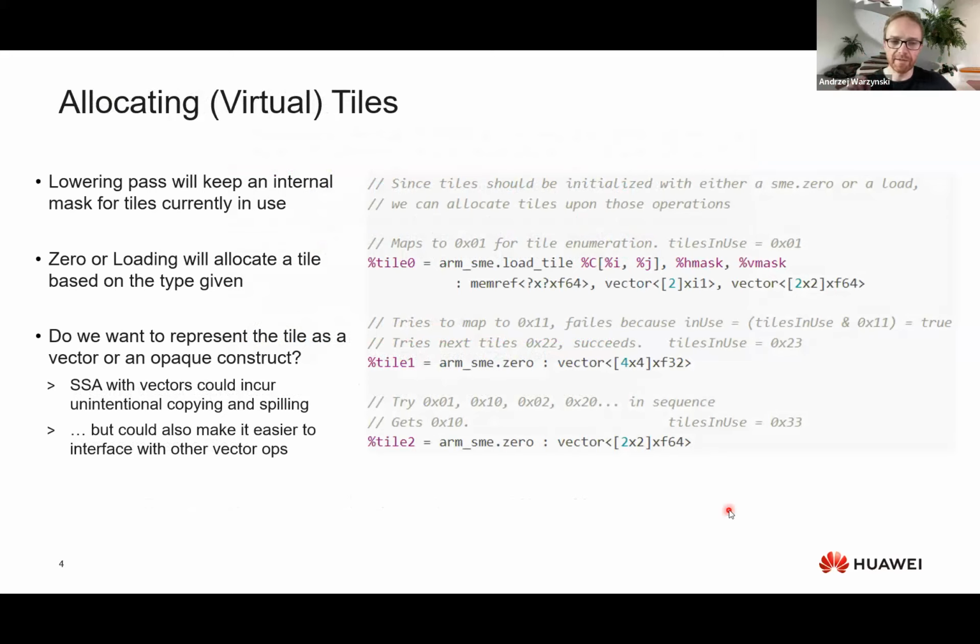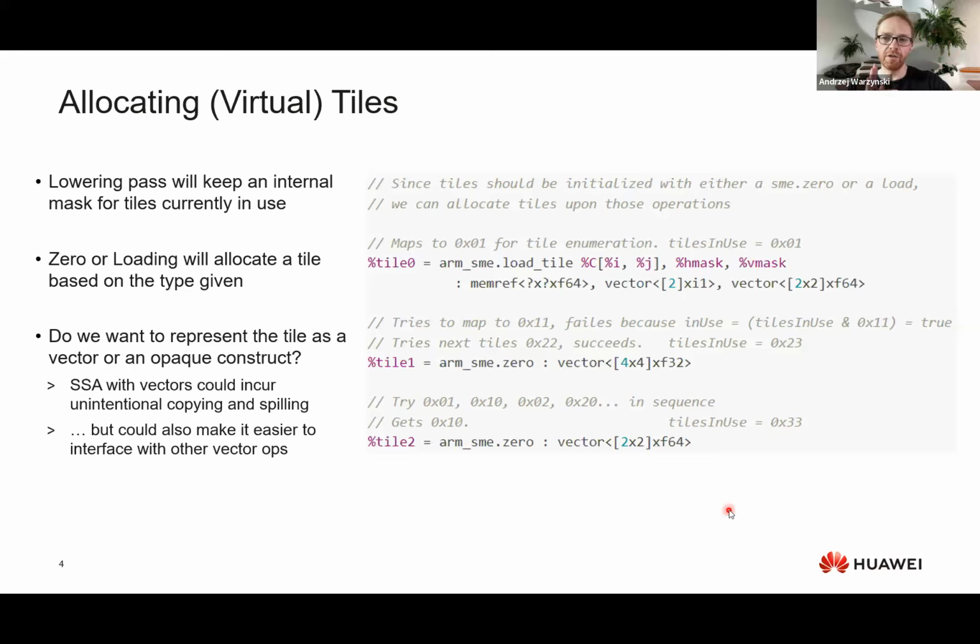So at least from ARM's perspective, I can tell you that's not going to happen in timescales that matter to us in terms of supporting SME from MLIR, not because there's no will, but it's also not clear whether that's actually necessary. Also, it's going to be a super challenging problem, because in the case of these tiles, it's different to register allocation.